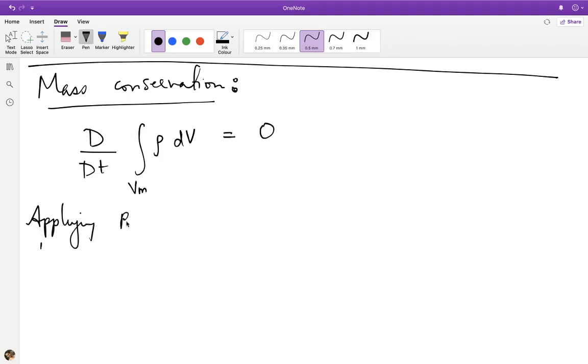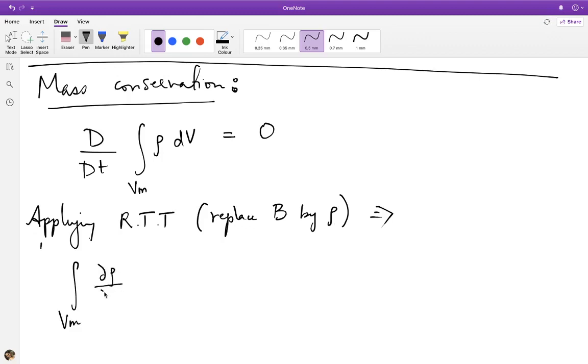So applying the Reynolds transport theorem, which basically means we replace b by rho, we immediately get the statement that the integral over the volume of the partial derivative of rho with respect to t plus the divergence of rho times the velocity must be equal to 0.